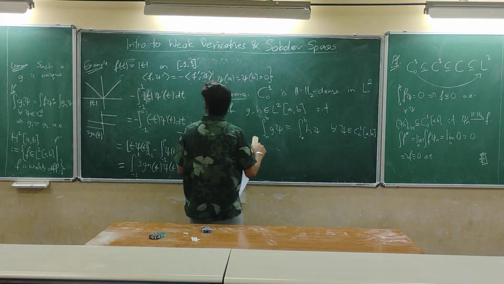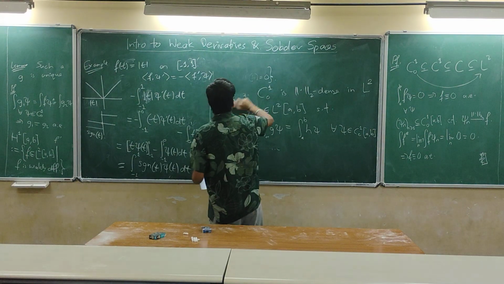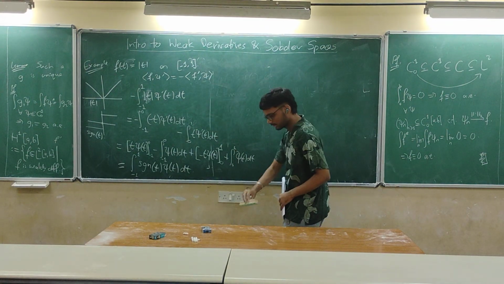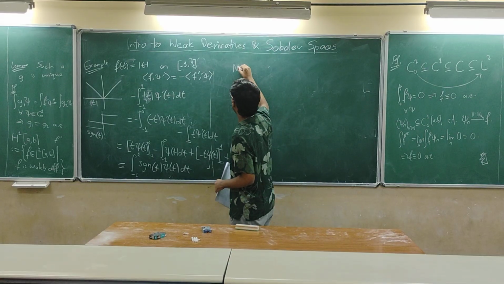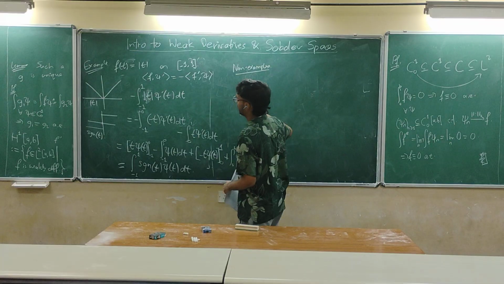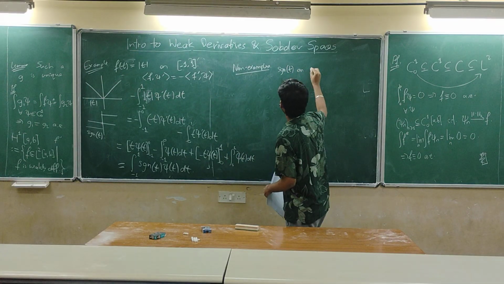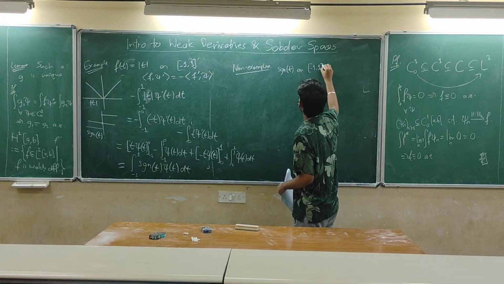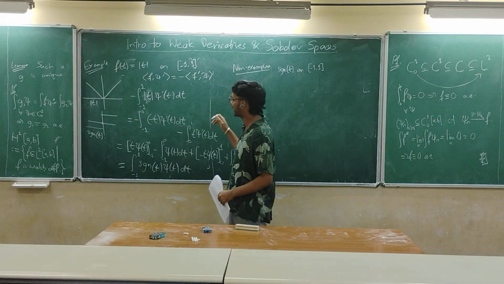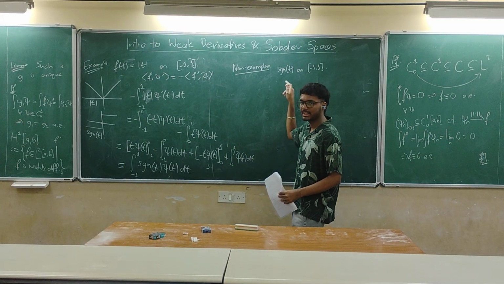Here are a few non-examples of weakly differentiable functions, which I will explain later why they are non-examples. One is sign of t on -1 to 1. This is not weakly differentiable, as we will see later. Basically, it boils down to the fact that if it had a weak derivative and you integrated it, you wouldn't get sign of t back.